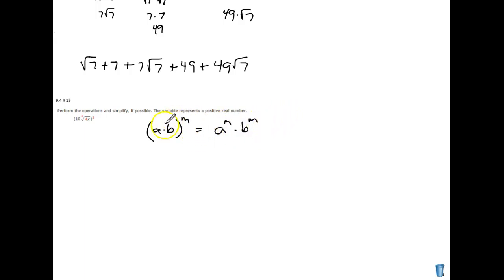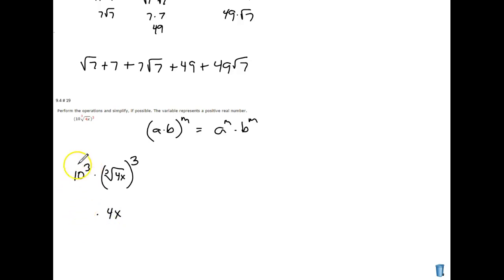That's called the power of a product rule with our exponents. So here I'm going to have 10 to the third times the cube root of 4x, and I'm going to raise that to the third power. And the cube root of 4x to the third, the cube root and the third cancel, so this becomes 4x.